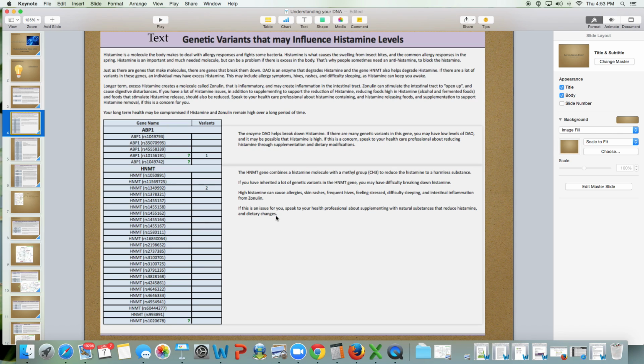So let's pretend this is you, and let's pretend in the ABP gene you have multiple defects there. So that would tell me that you do not make DAO enzyme that breaks down histamine in your gut very well at all.